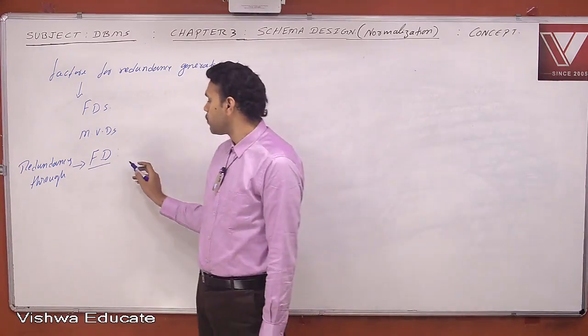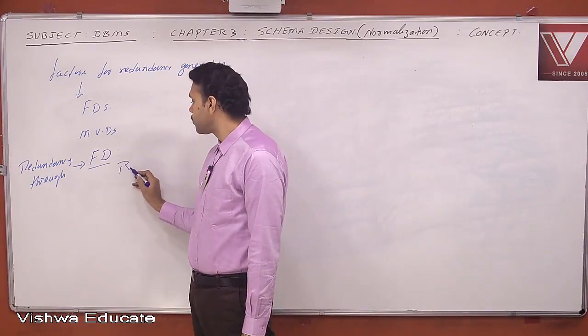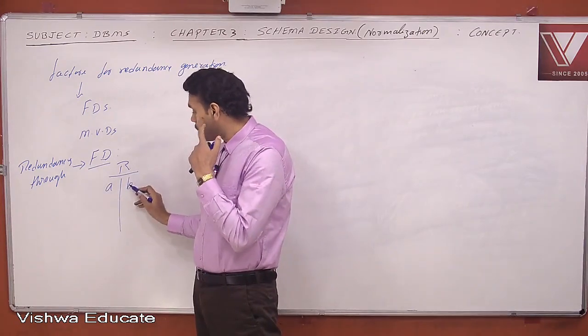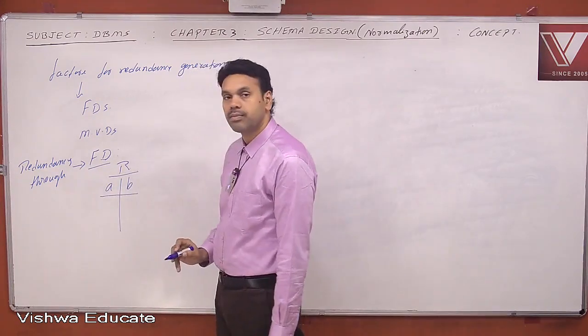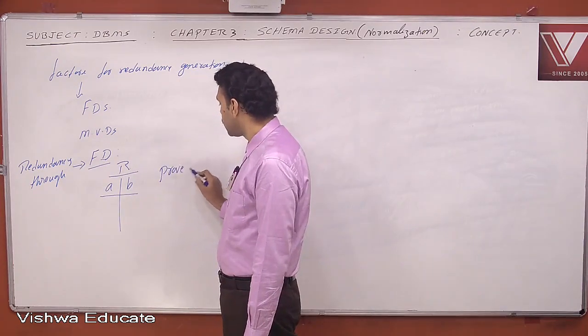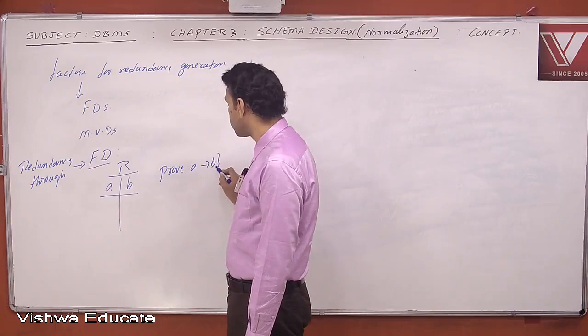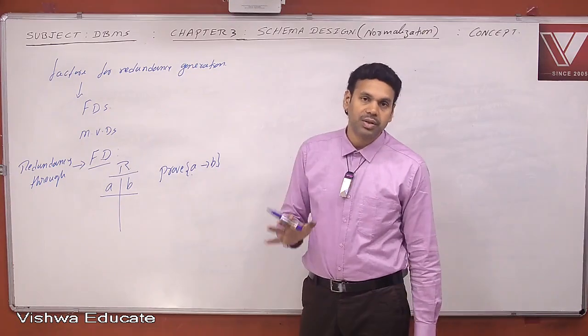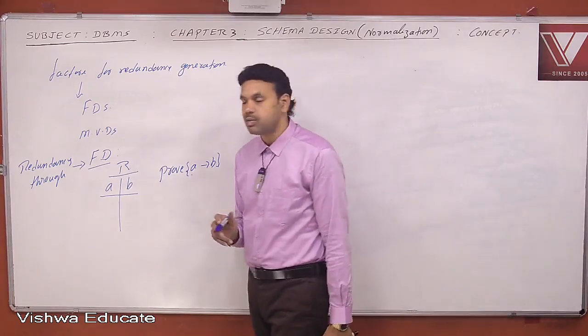Okay. Now I am saying there is a relation R which has got attributes A and B. I want to prove A tends to B. So this itself is going to give you some sort of redundancy. How? Let us see.